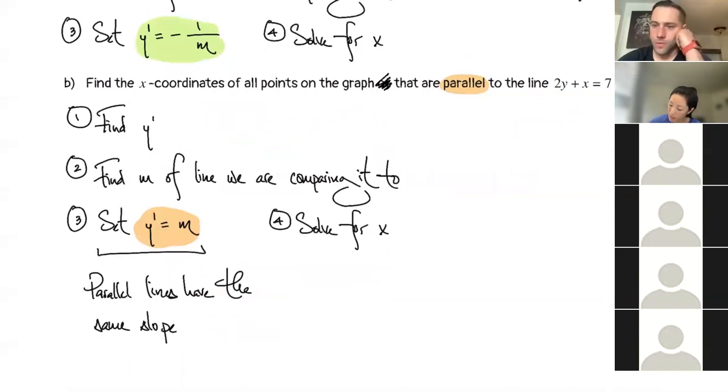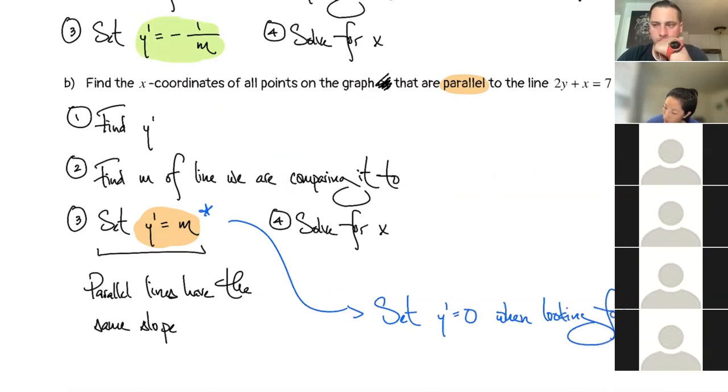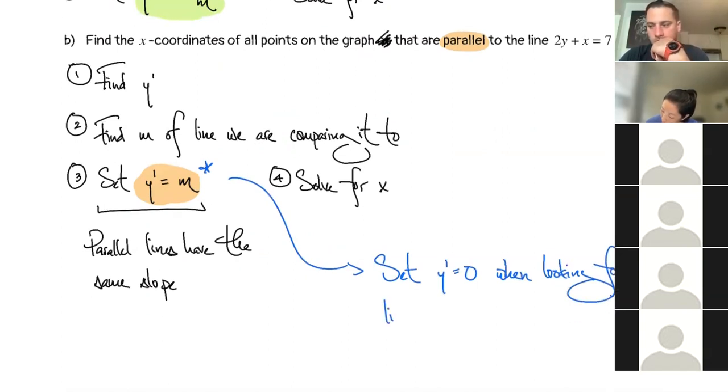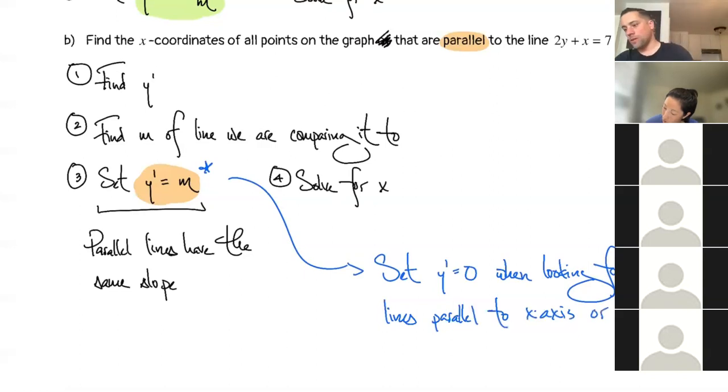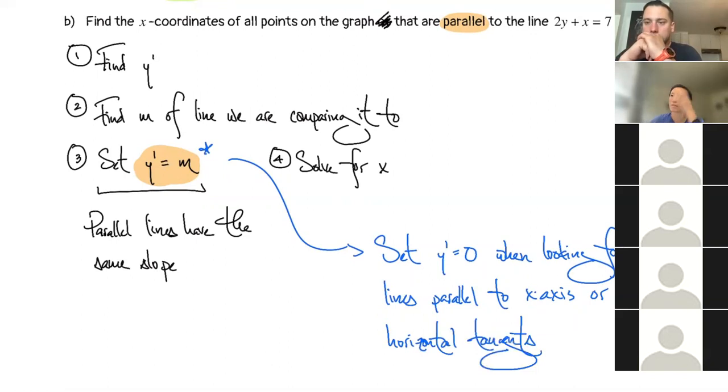Okay, so let's write this down instead. All right, I'll put a little star here, that we set y prime equal to 0 when looking for lines parallel to the x-axis, or we also call that horizontal tangent.